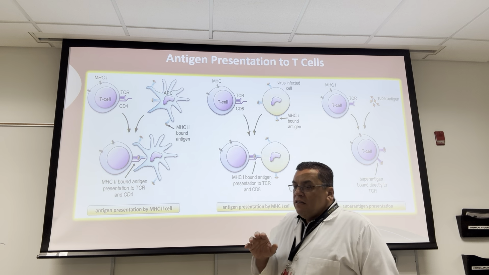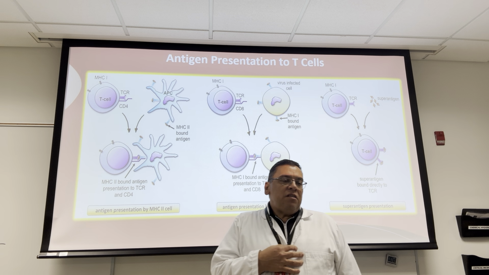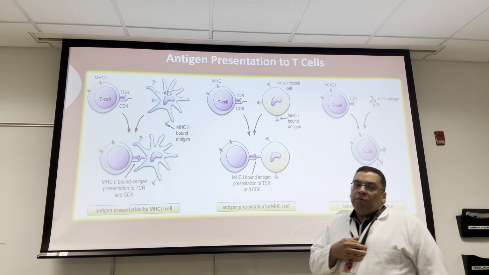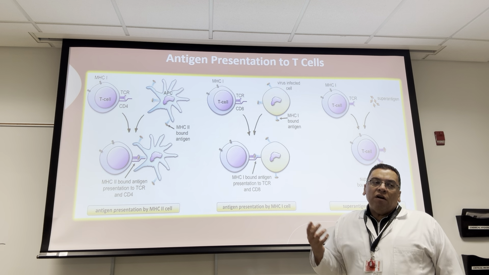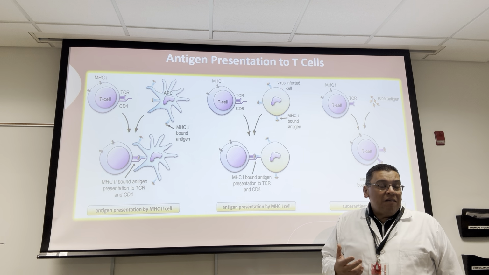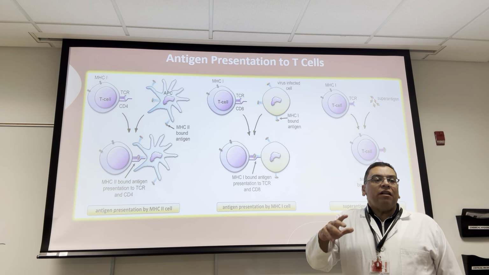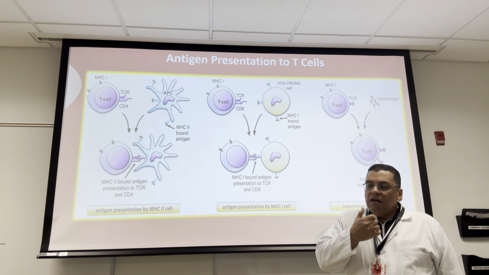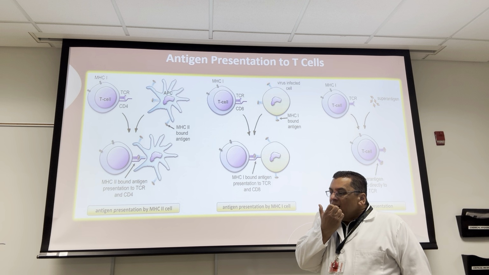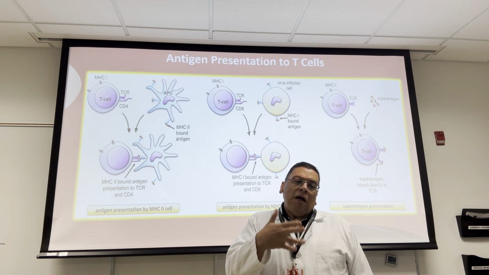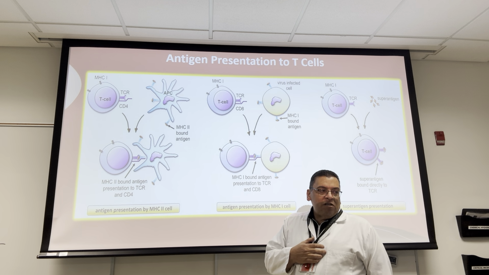CD4 is the signature of a T helper cell. On the surface of the T helper cell, it has CD4. It has other CDs, but it's unique in the sense that it is the only T cell that has CD4. So I'm gonna recognize this as a helper T cell by looking at the CD4.